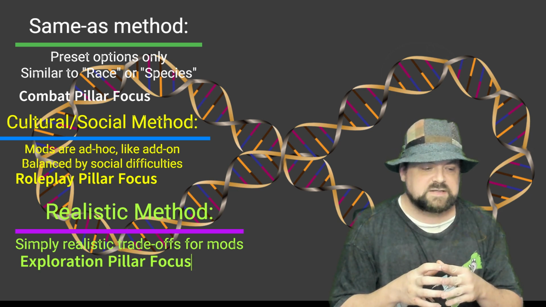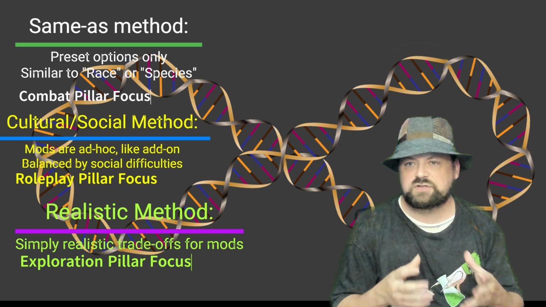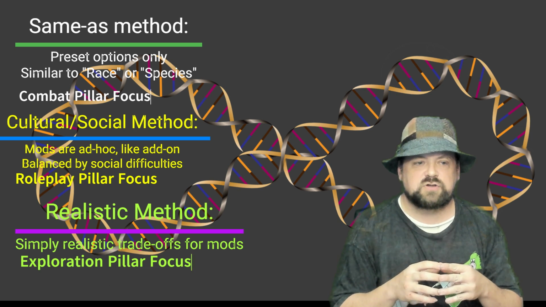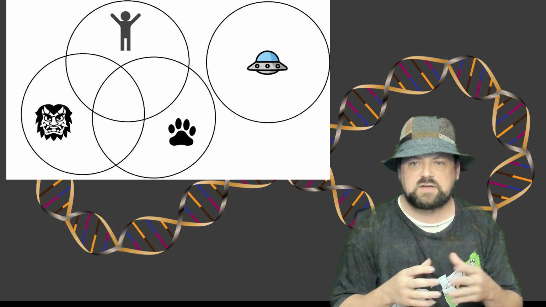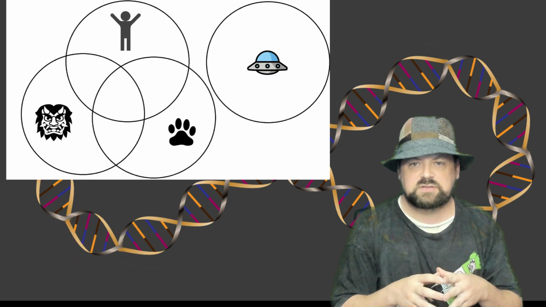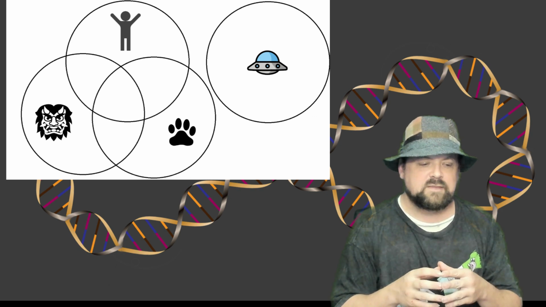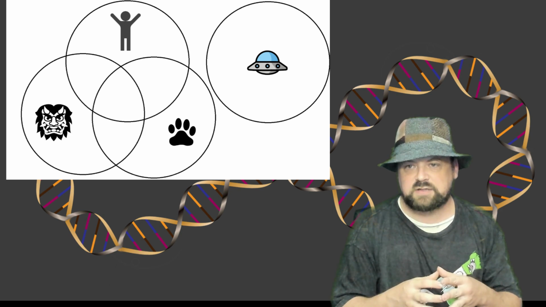Now, going back to figuring out what races to use, what species to use, we need to first talk about the design philosophy of various species options in games currently. I've noticed certain patterns in these, and it's important that when a player selects an option, they get what they expect to get.